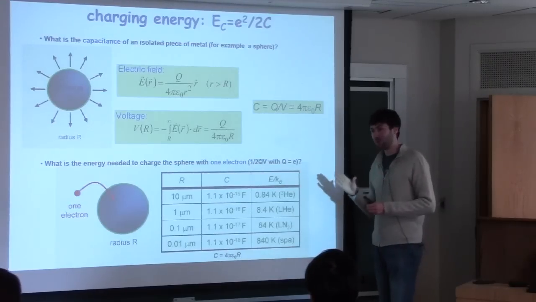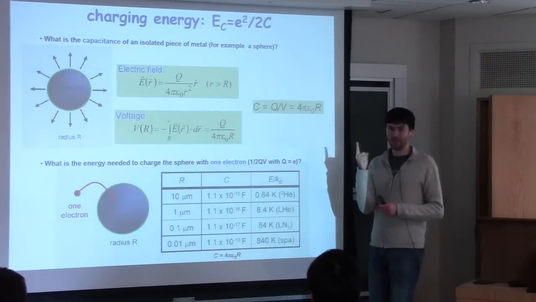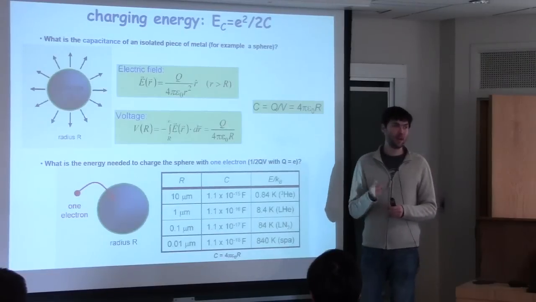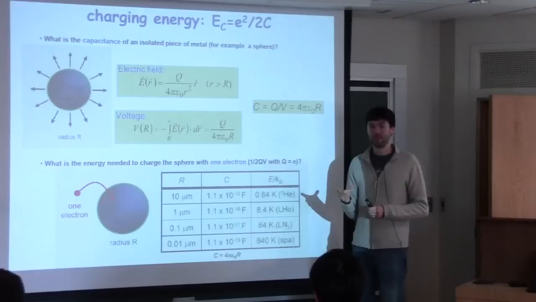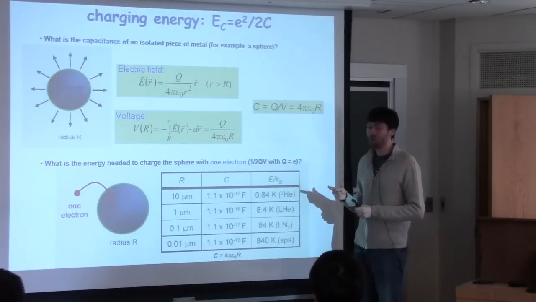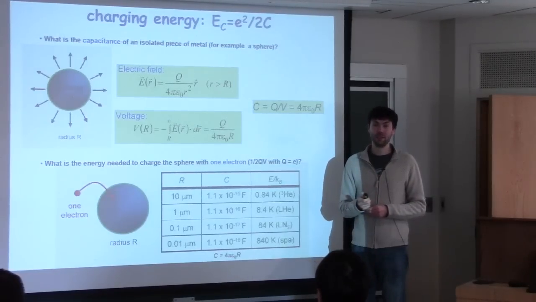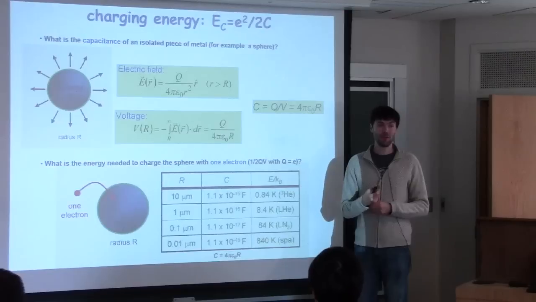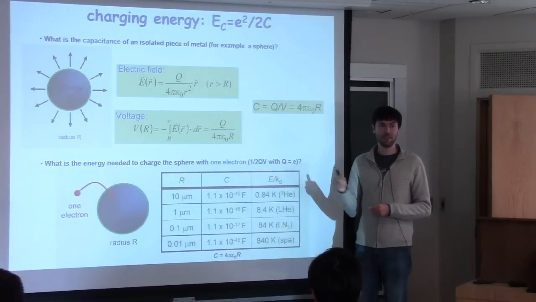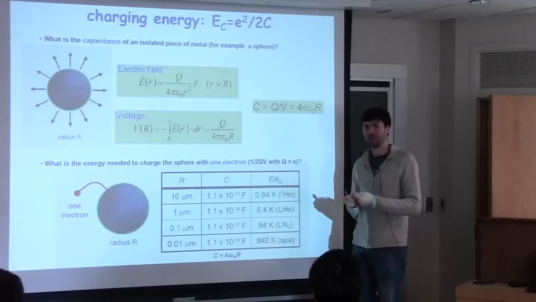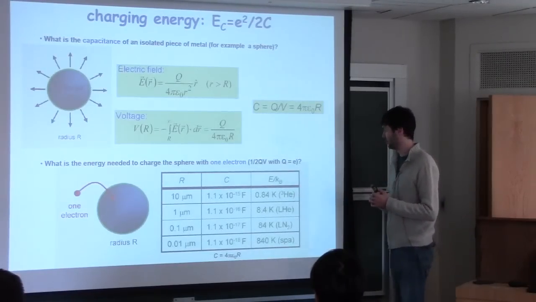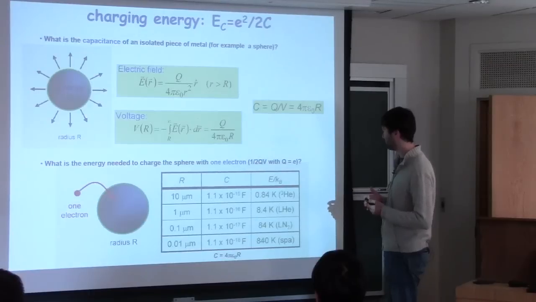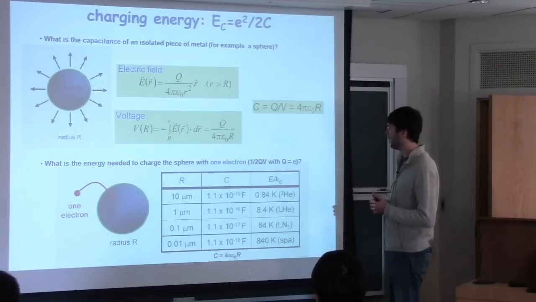A good rule of thumb is that 1 Kelvin is 100 microelectron volts. To be more precise, it is, I think, 86 microvolts. If you take kBT and convert it into energy, divided by the electron charge, you would get something like 86 microvolts. A rule of thumb is 100 microvolts.